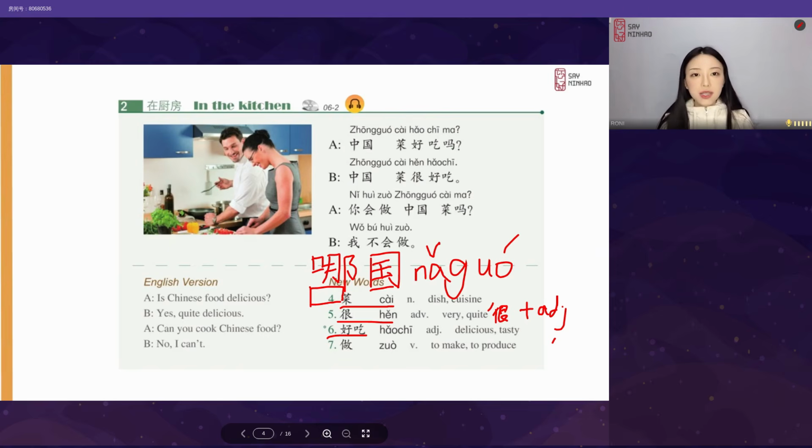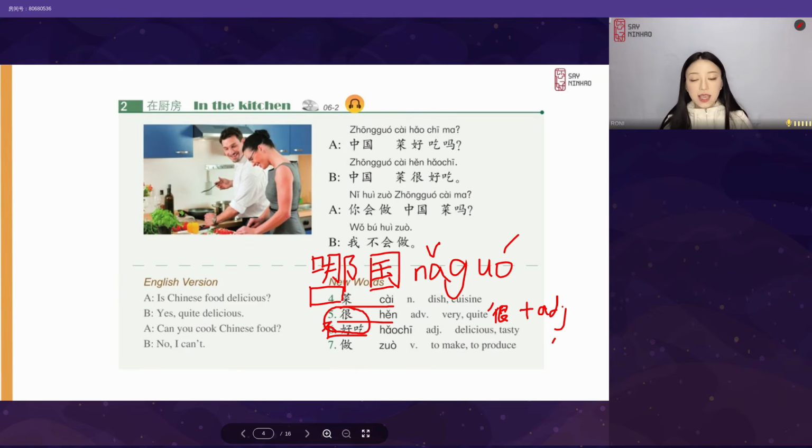So try to say very delicious. It is 很好吃, right? 很好吃. We just need to put 好吃 after 很. And if I want to say not delicious, how to say that? The negative form of it, we usually use 不. So we just need to put 不 before 好吃, then it is 不好吃, which means not delicious.